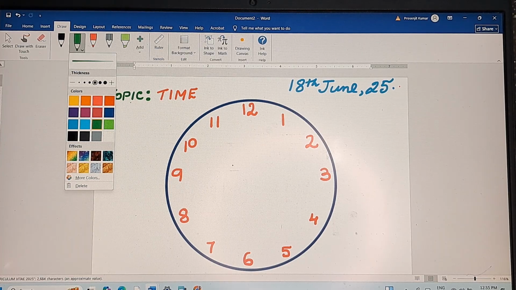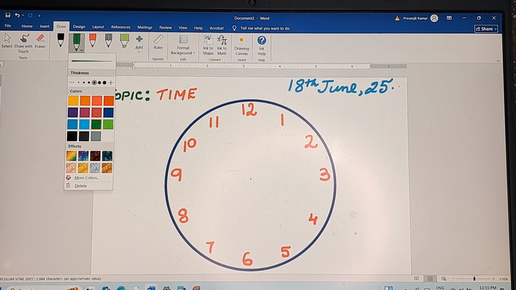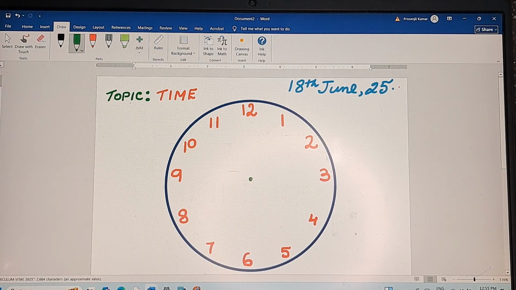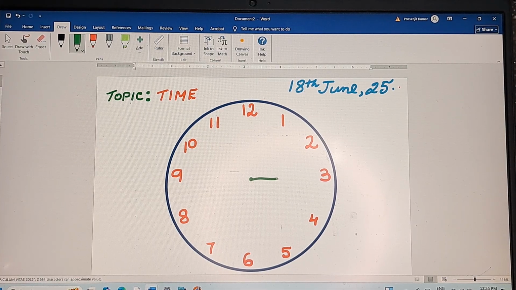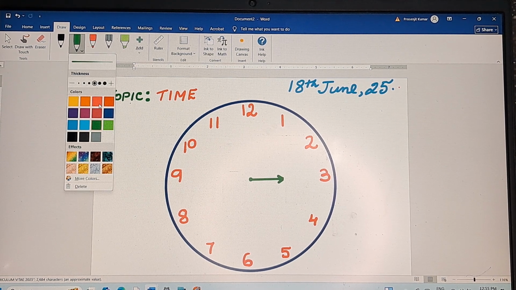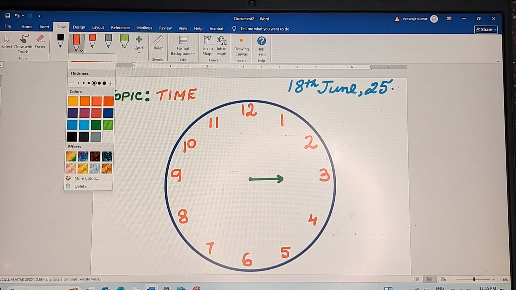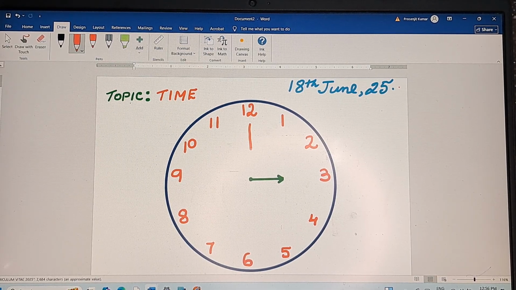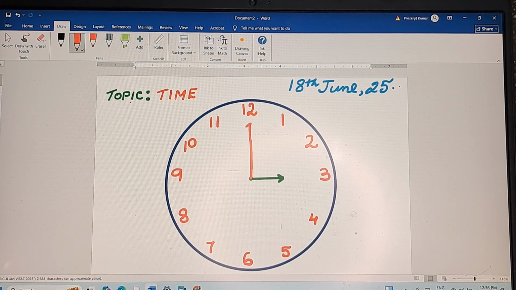Now there are 3 hands in a clock. The smaller hand is called the hour hand, and the longer hand is called the minute hand.